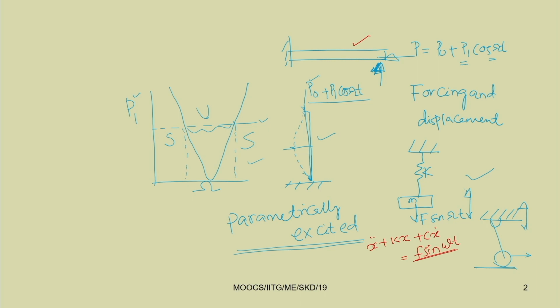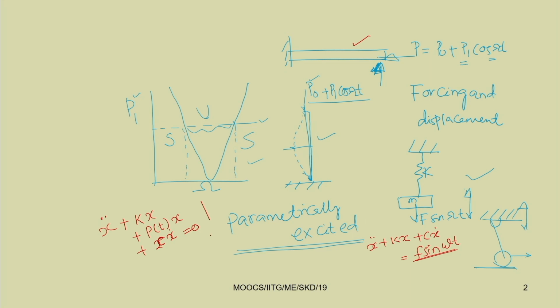In the case of the parametrically excited system, the equation can be written in this form: x double dot plus k x plus c x dot equal to p(t) x, that is, equal to 0.